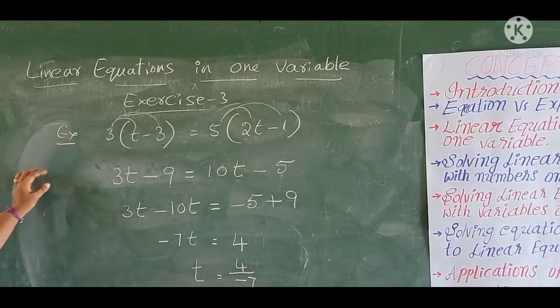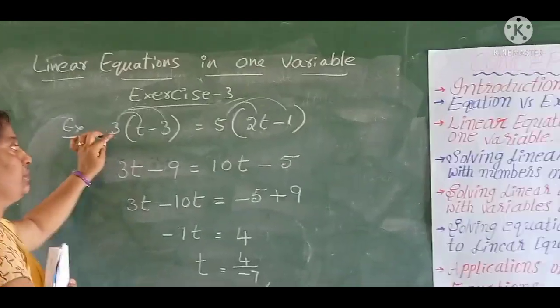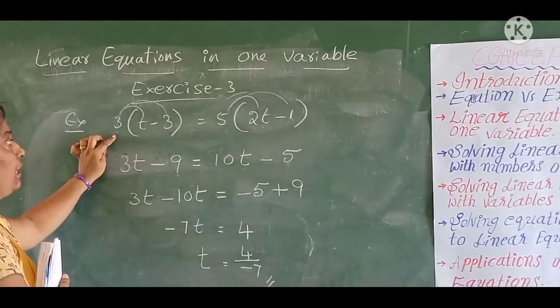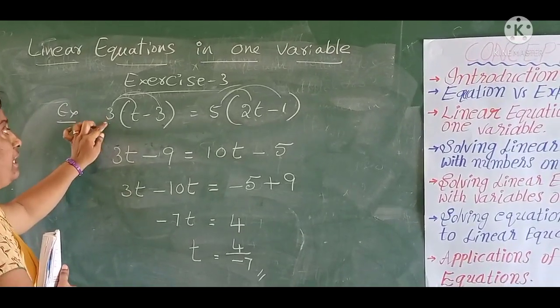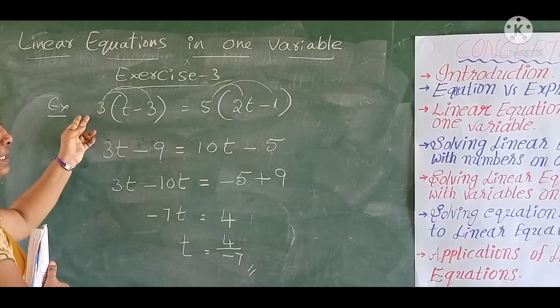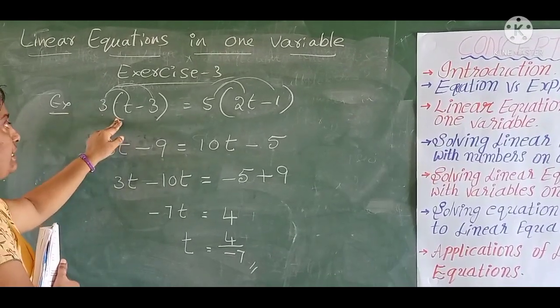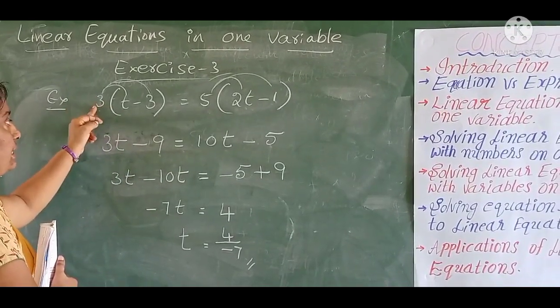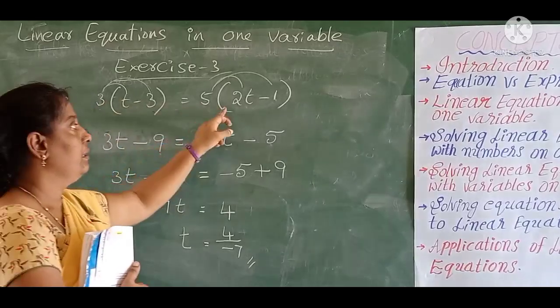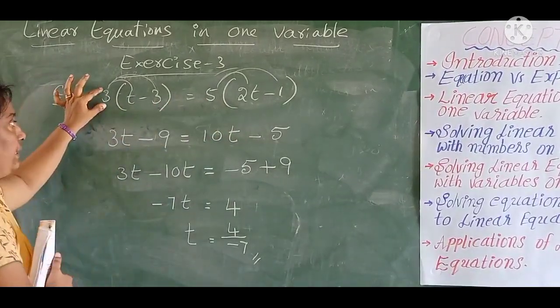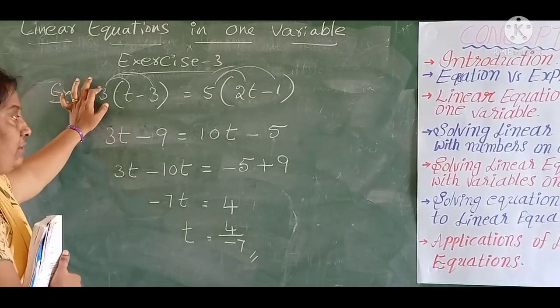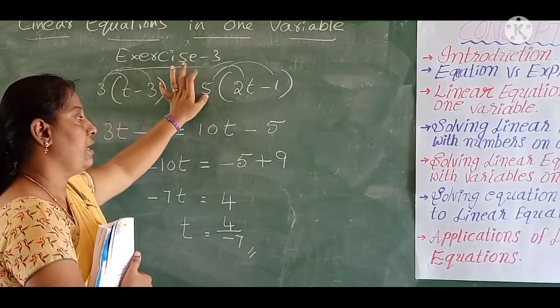Once again I am telling, to solve this type of equation, first we have to multiply with the number before the bracket. Before the bracket on the left is 3, and on the right is 5. So we multiply with 3 on the left side and with 5 on the right side.